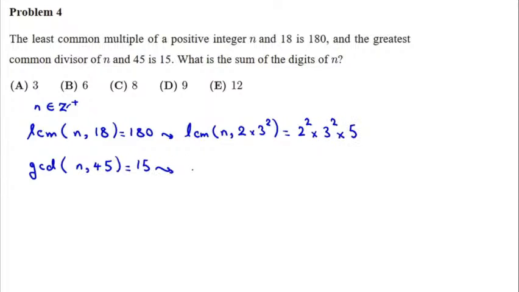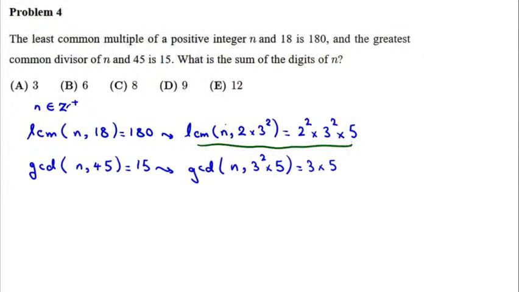Now, here, GCD of n and 45. 45 is 9 times 5, which is 3 squared times 5, equal to 15, which is 3 times 5. Now, if you analyze the first part, n can only have 2, 3, or 5, because, for example, if n has 7, in LCM we will see 7. So, n can only have 2, 3, 5. So, let's consider n is 2^x 3^y 5^z.